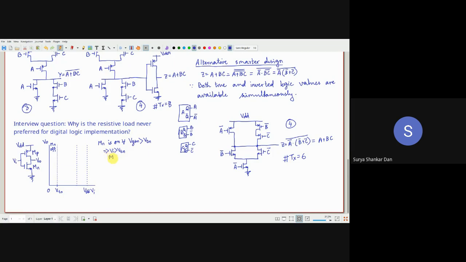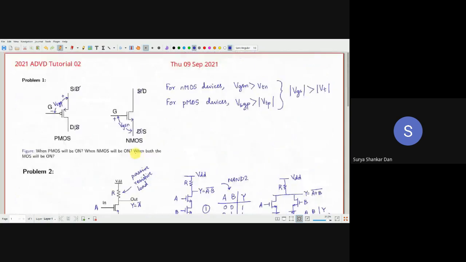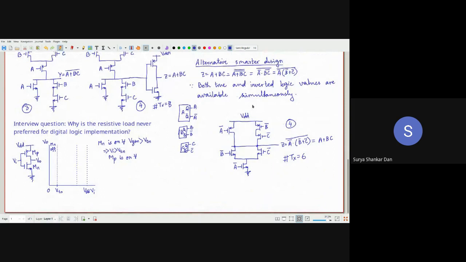So if we write MP, when is MP on? For all values of VSGP greater than mod of VTP. Now, what is VSGP here? This implies VS for the MP, the PMOS, is VDD minus VG, which is VI, greater than mod VTP.